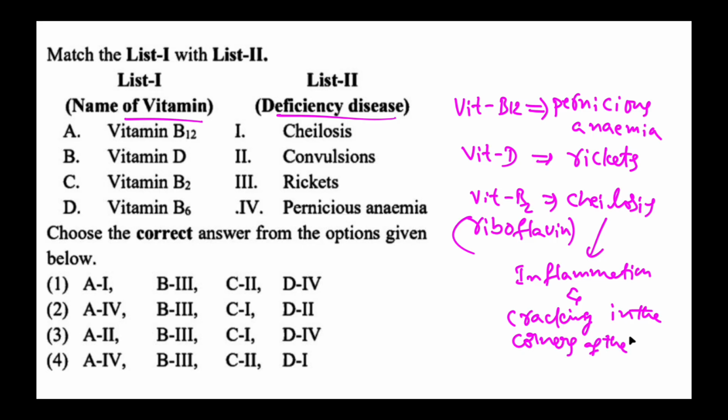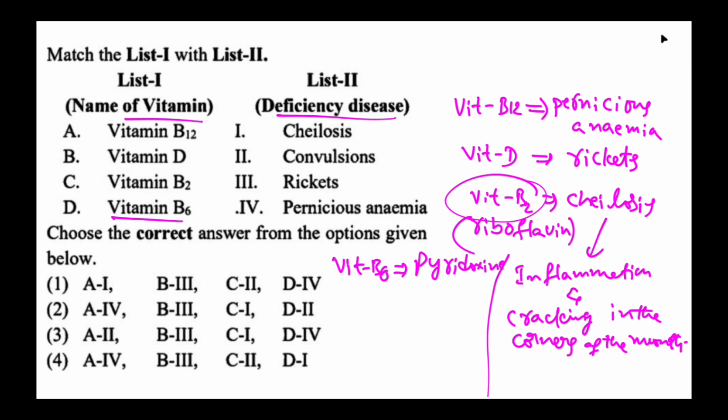That is vitamin B2 deficiency. Next, vitamin B6. So vitamin B6 is pyridoxine.